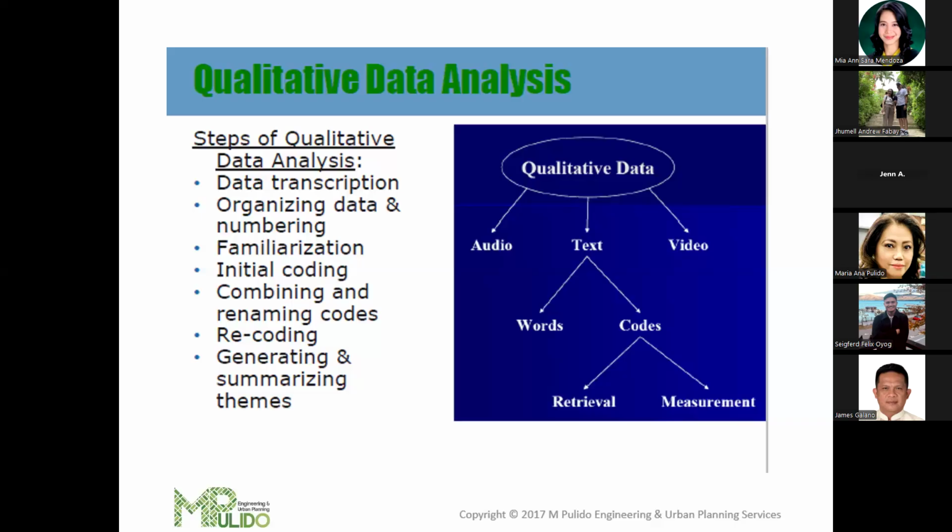Then comes recoding, meaning you are revisiting earlier labels with a more refined lens. Eventually the codes converge into broader themes. For example, multiple instances of lack of consultation, ignored suggestions, and top-down planning might be summarized under a theme like community disengagement.